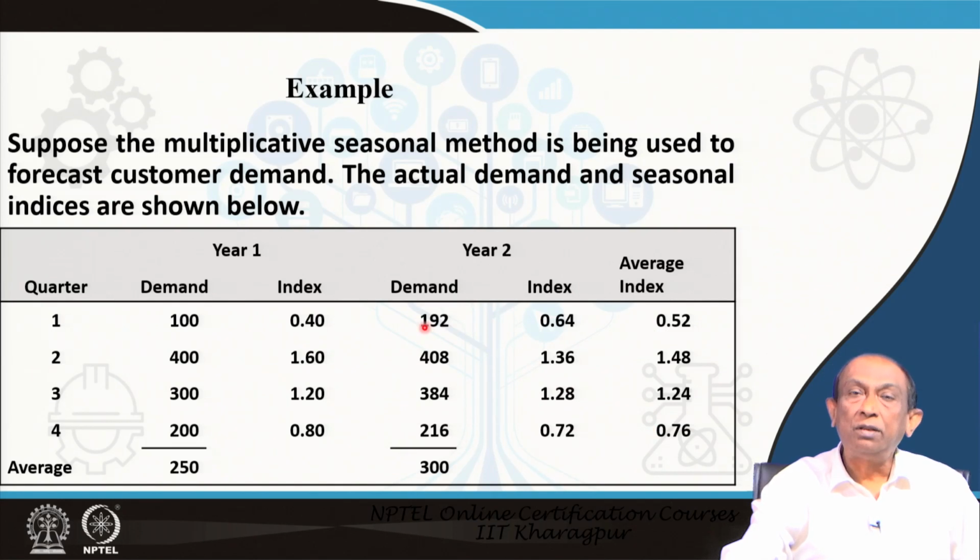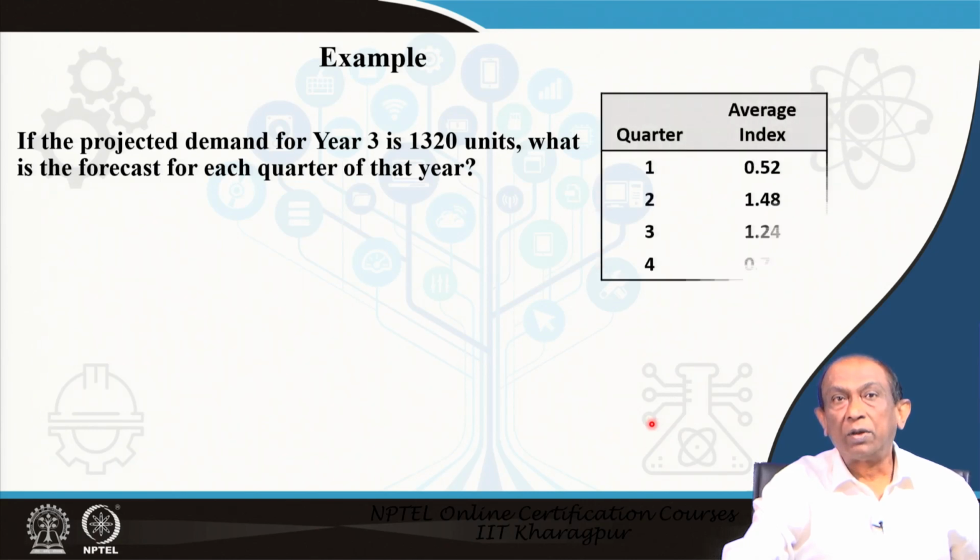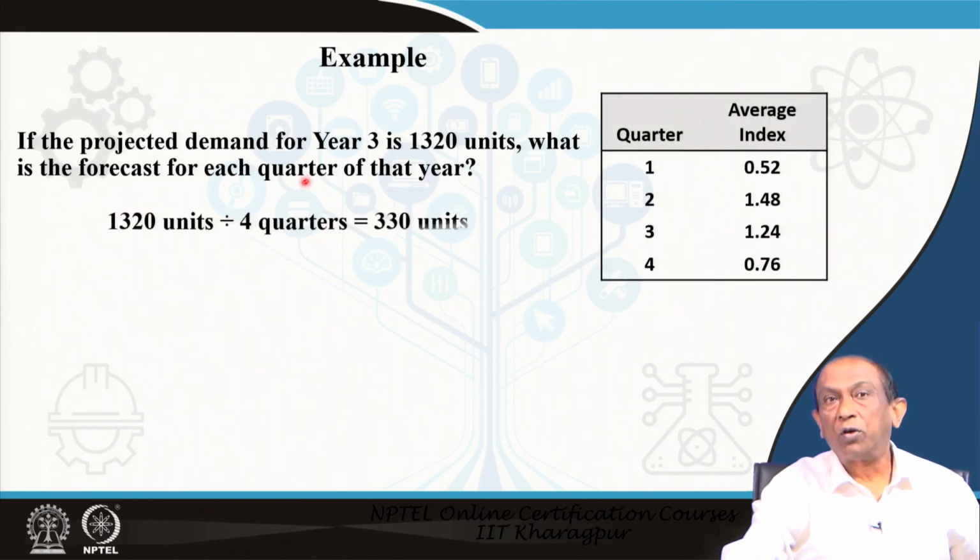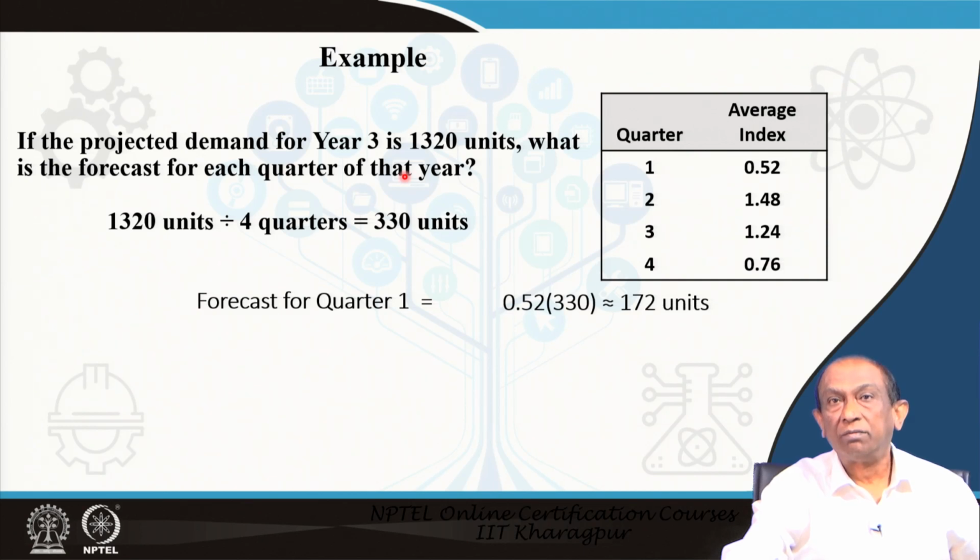Similarly, another example. Suppose the multiplicative seasonal method is being used to forecast customer demand, the actual demand and seasonal indices are shown. If the projected demand for year 3 is 1320 units, the problem is what is the forecast for each quarter of that year.